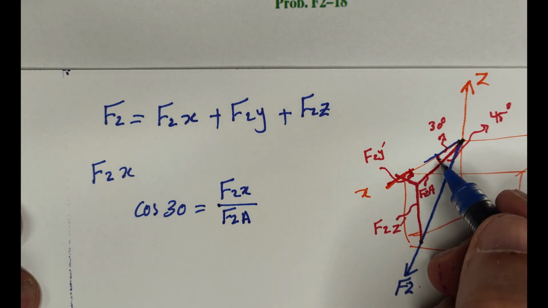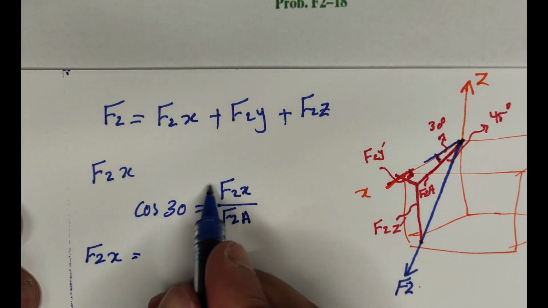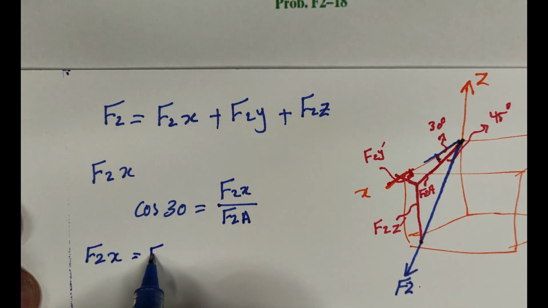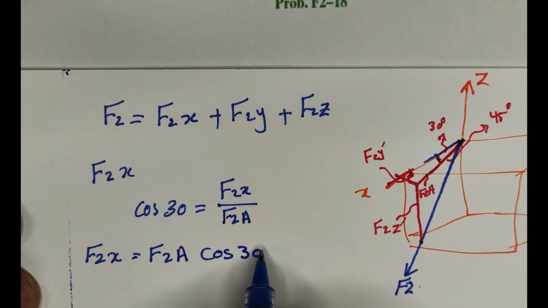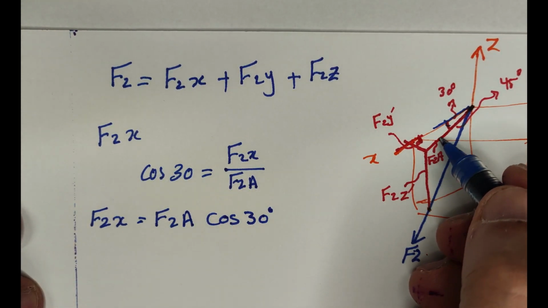Adjacent over hypotenuse. Now F2x equals F2a times cos 30. However, F2a itself is not given, so we have to solve for it.